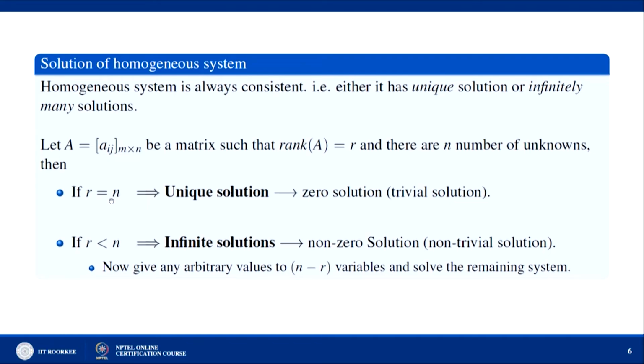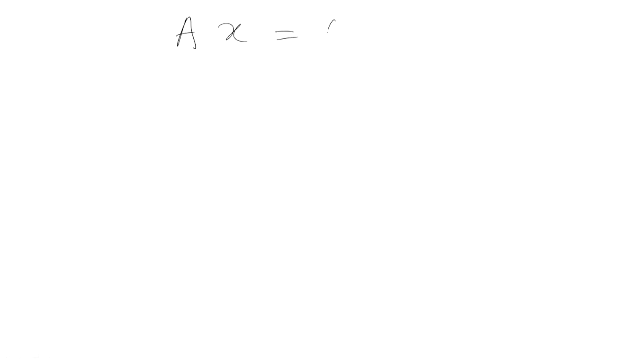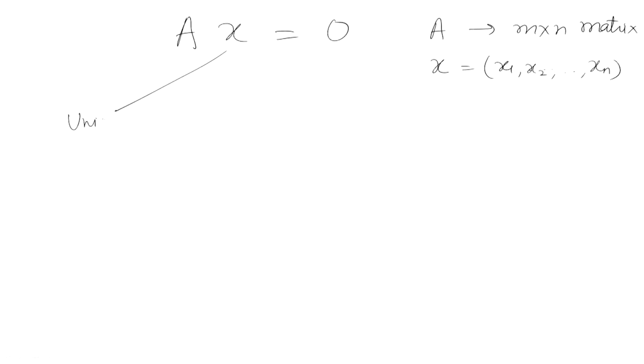If you are taking Ax equal to 0, the homogeneous system, A is a matrix of order m cross n, and x is x1, x2 up to xn. Now this system either has a unique solution, as we have discussed, or it has infinitely many solutions.